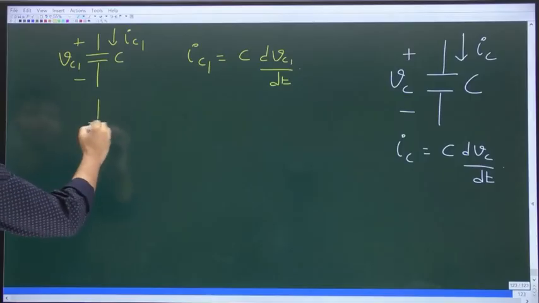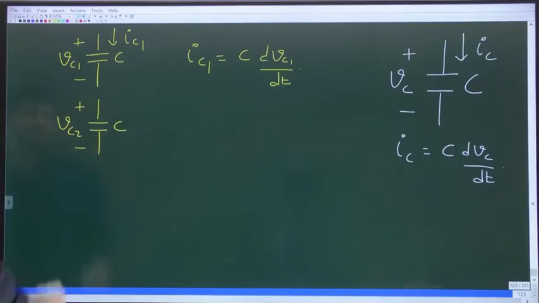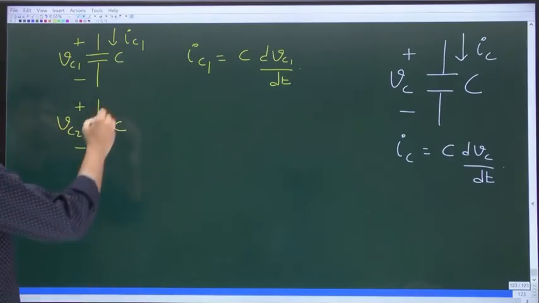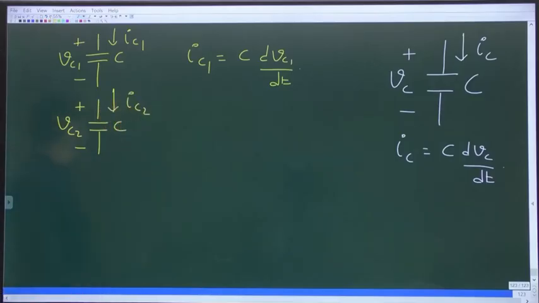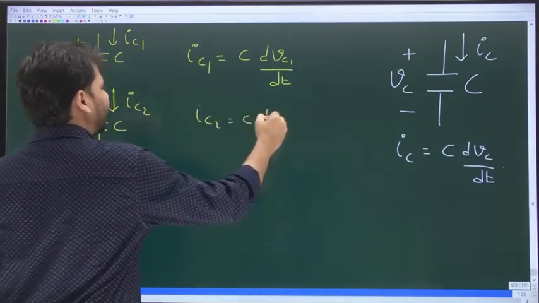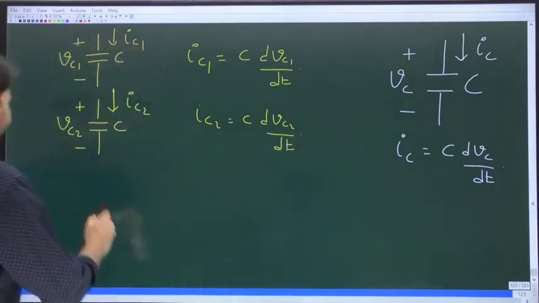Now again let us take the same capacitor, and this time let us apply a different voltage, let it be Vc2, and let the resulting current through the capacitor be some Ic2. Again Ic2 will be equal to C times dVc2 by dt.